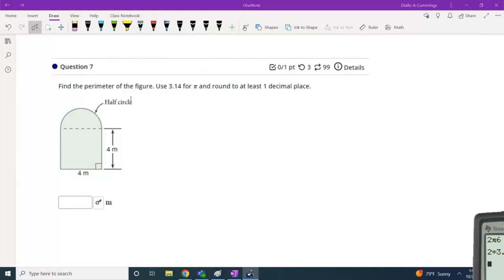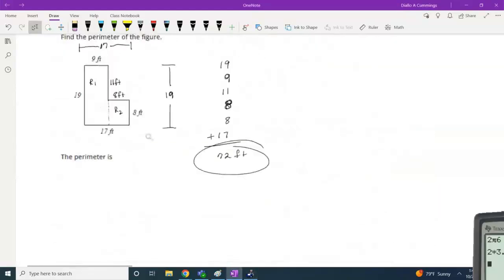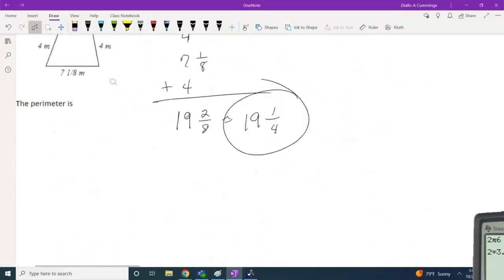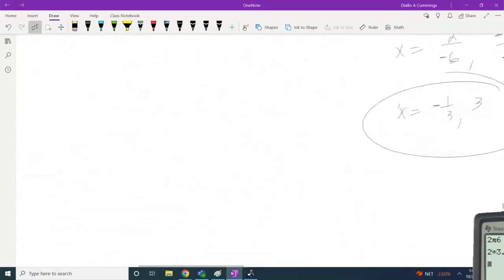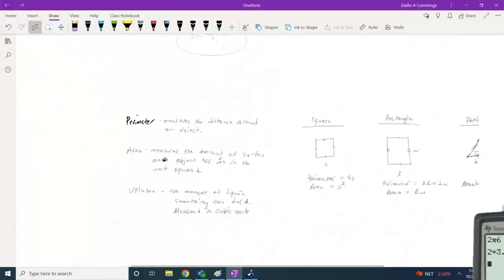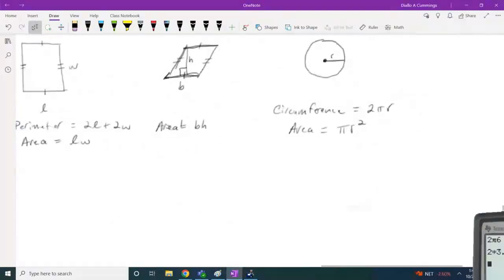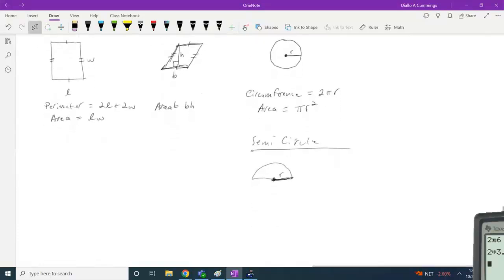Now, as far as the circle is concerned, I'm going to go back to those formulas that we were looking at earlier. Here they are. Okay, and here we have a circle. This is a semicircle. So it's basically just a circle cut in half.